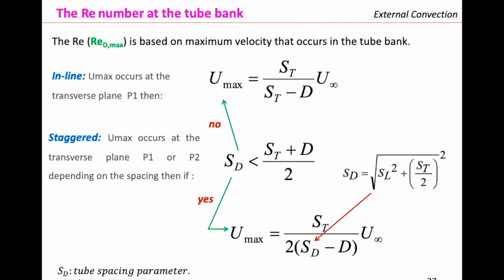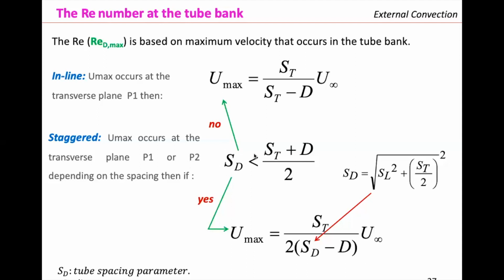With the staggered arrangement, you need to decide how to calculate that U max. In a staggered geometry for a tube bank, U max occurs at the transverse plane, P1 or P2, depending on the spacing. Then you first calculate SD, the tube spacing parameter, and compare SD versus the transversal pitch plus diameter, divided by 2.